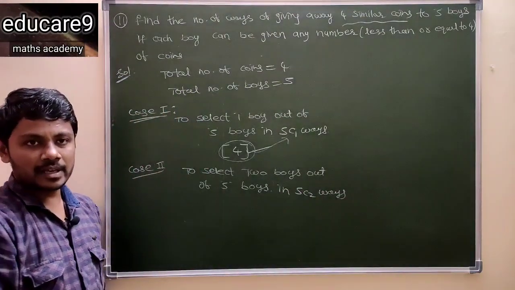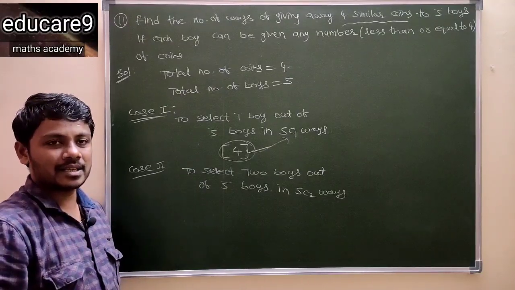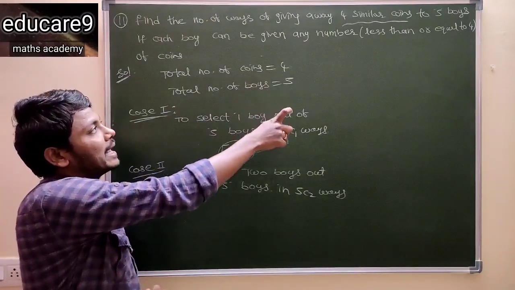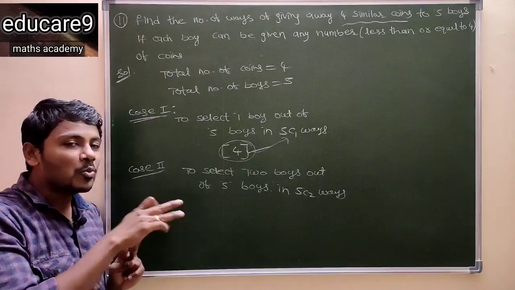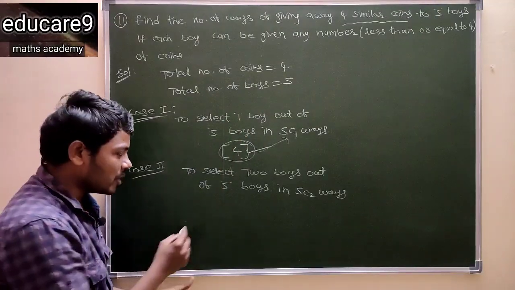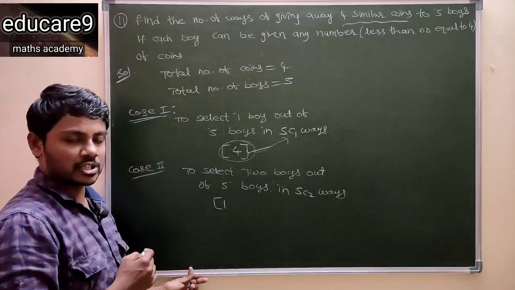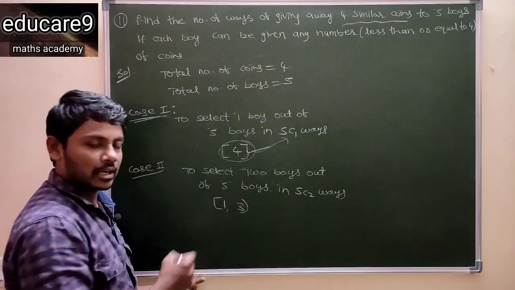Here you need to select 2 boys and give these 4 similar canes to the 2 boys. See here, what are the possibilities? To give 1 cane to the first boy and 3 canes to the second boy.